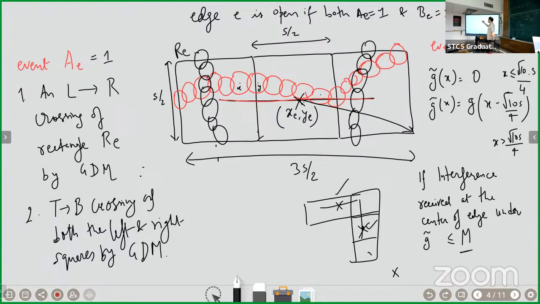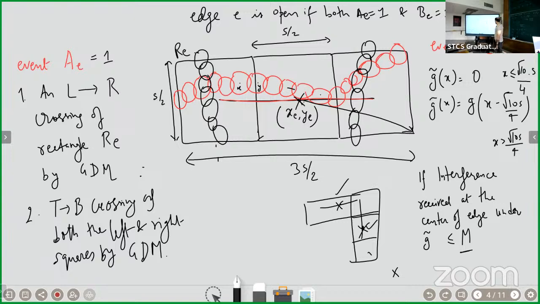We already know that the Gilbert model is percolating. What we are ensuring by doing these left-right and top-bottom crossings is that the geometry is also maintained, so that alongside my square lattice percolation, the Gilbert model also keeps percolating. And by using this, we also say that any edge which exists here also exists in SINR.